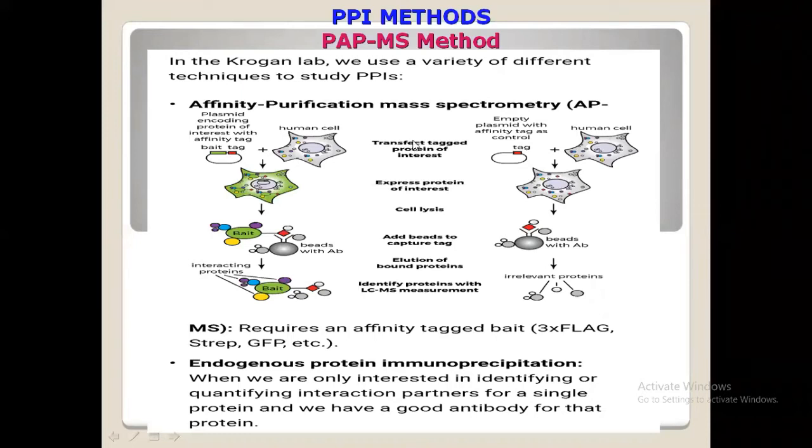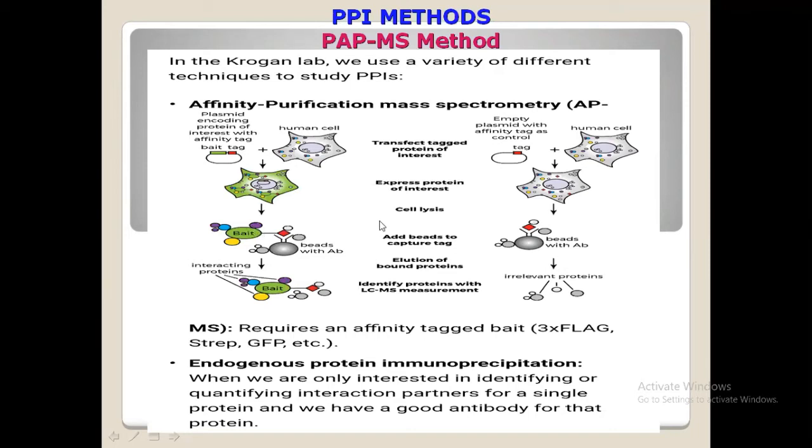Here you can see that first you transfect the tagged protein of interest, and it is allowed to enter inside the cell. Then comes expression of the protein of interest. Once it has entered the cell along with the tag, it will be expressed, both the bait protein and your protein of interest.